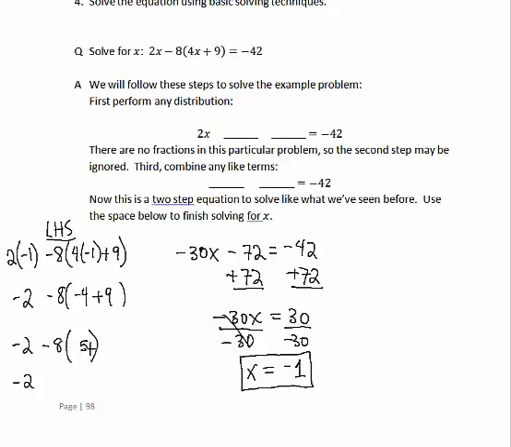Now negative 8 times 5 is minus 40. In the end, we have negative 40 and a negative 2, which works out to be a negative 42. And that simply equals the right hand side. So x equals negative 1 checks out as our solution.